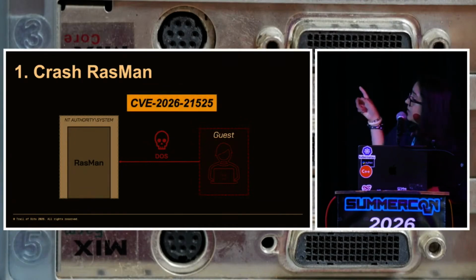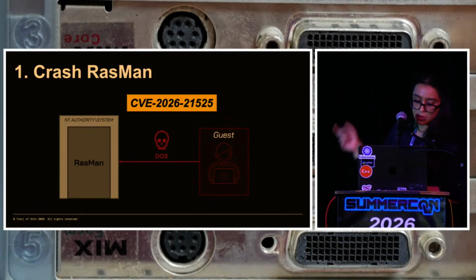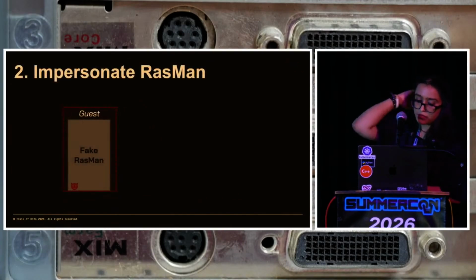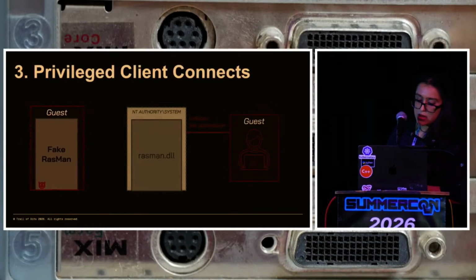So that is the CVE-2026. That's the bug that corresponds with that CVE. And then after you do that, you can impersonate the RasMan service, and you're still running as guest. But once you're able to impersonate it, you want to trick a privileged client into connecting to it, and that privileged client should also be running as system.